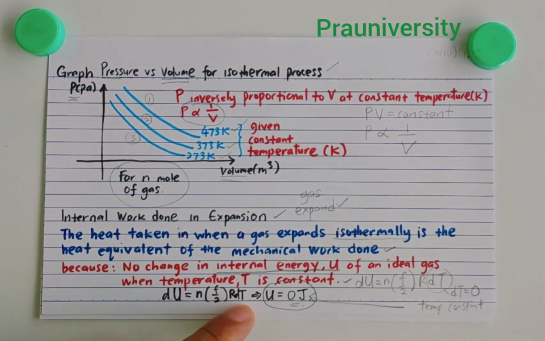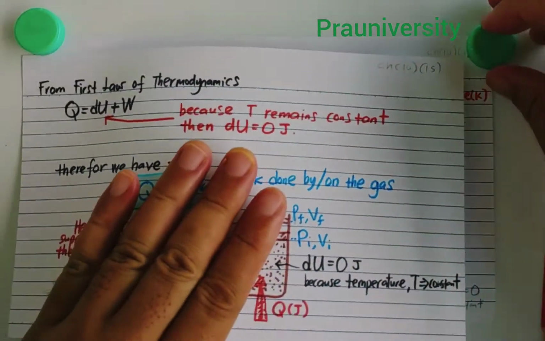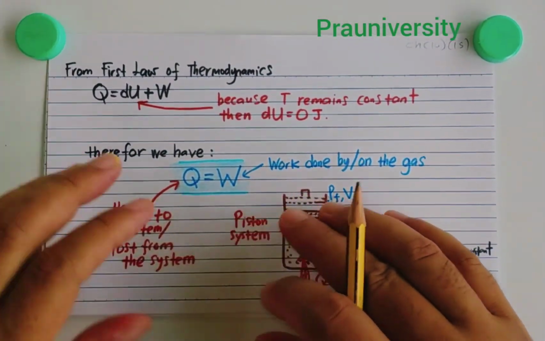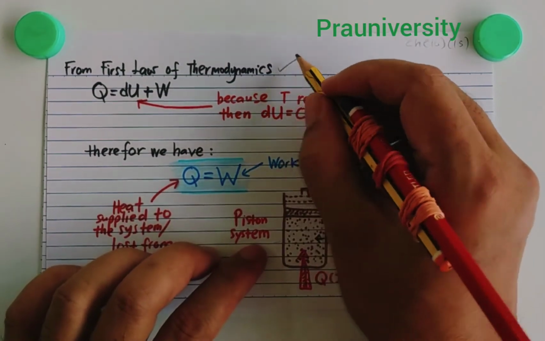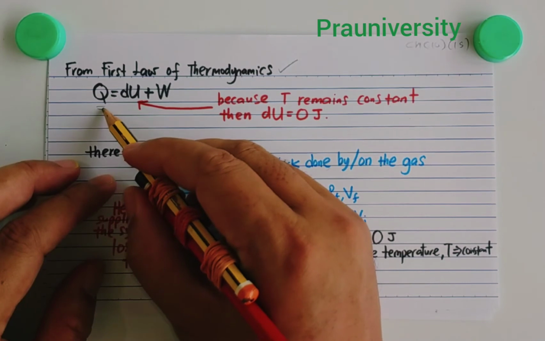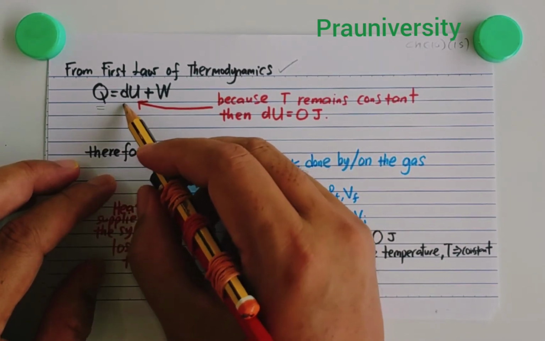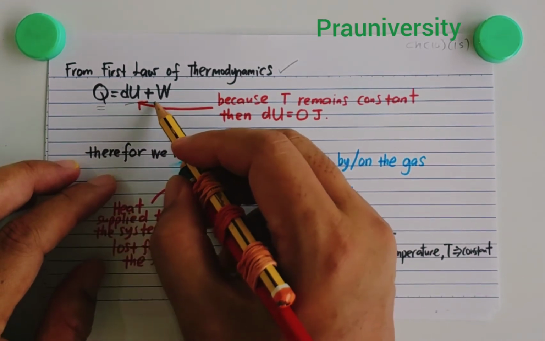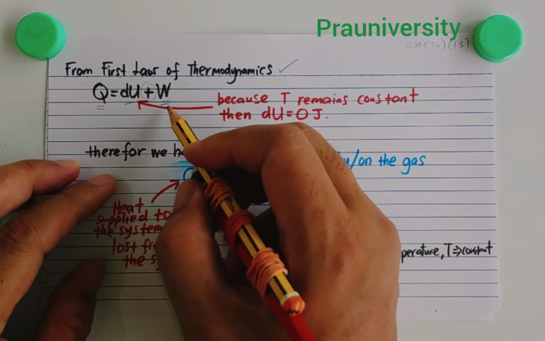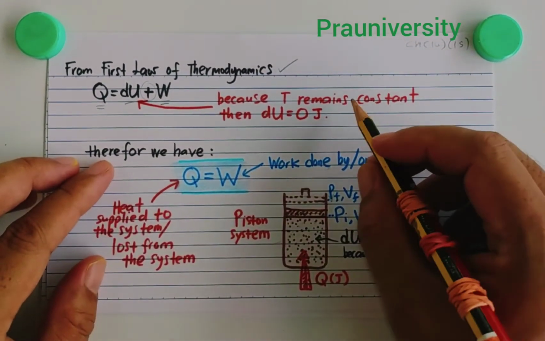Okay, so we have the first law of thermodynamics. Q, the heat supplied or the heat lost, is equal to the change of internal energy plus the work done by the gas, whether the gas is expanding or being compressed.